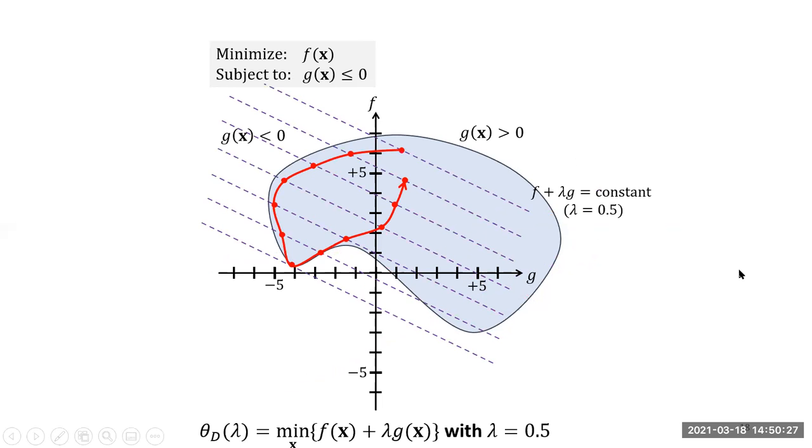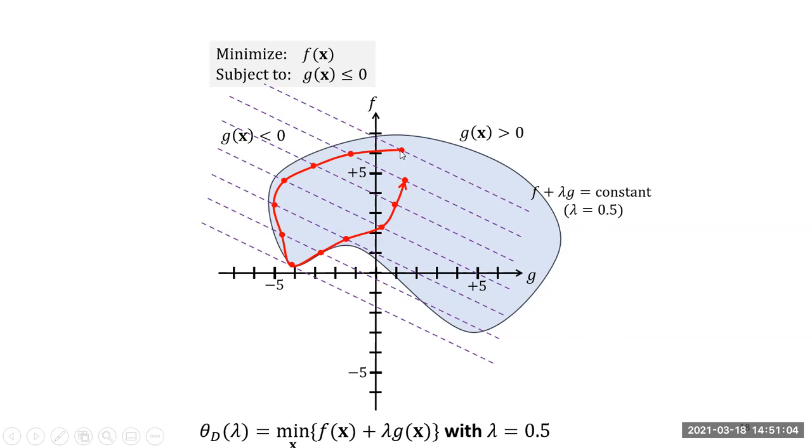Okay. Now, what happens? I'll keep the dual lambda fixed at 0.5. Let's say I have a button. I tweak that button to change the value of x, or a joystick or whatever. I have something to adjust the value of x. As I change the value of x, I move in this blue shaded region, correct?